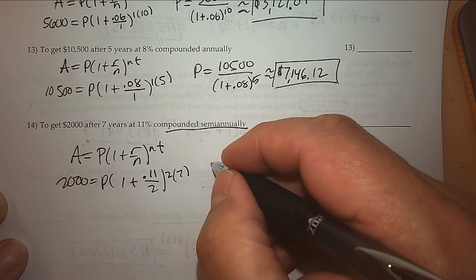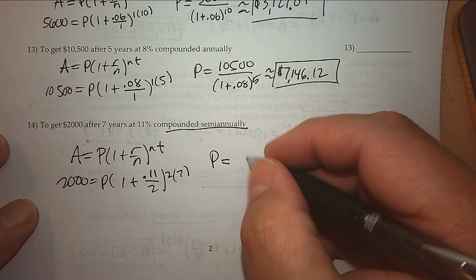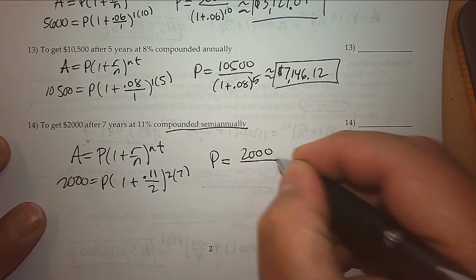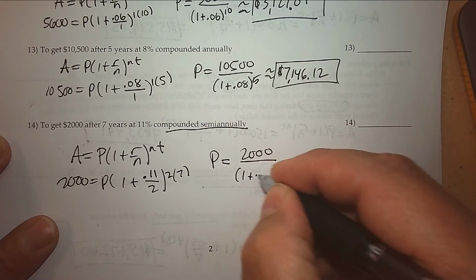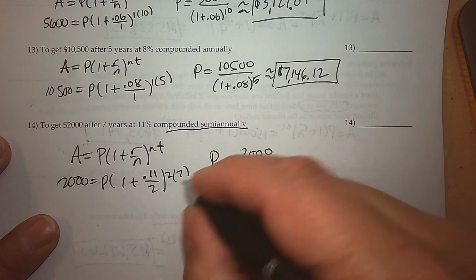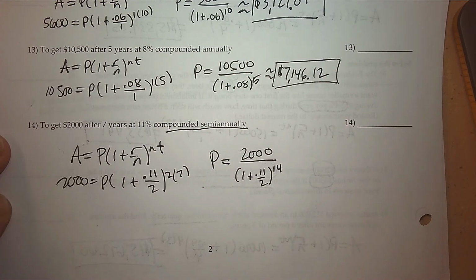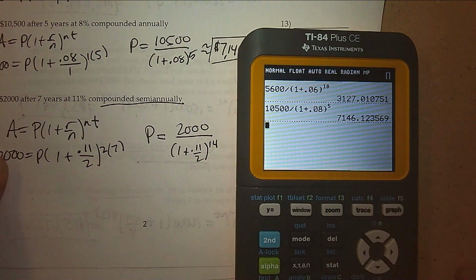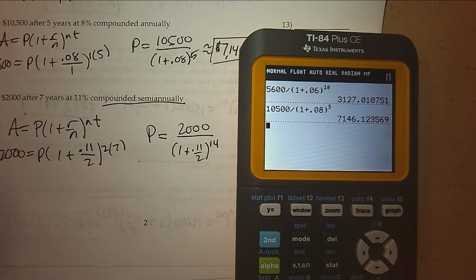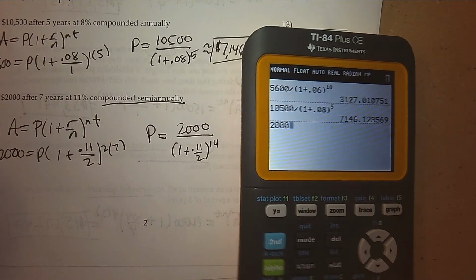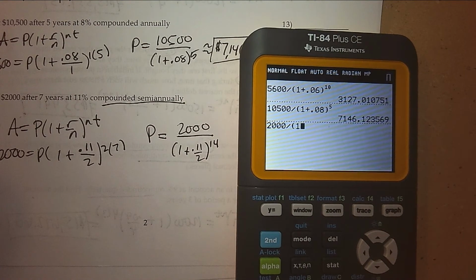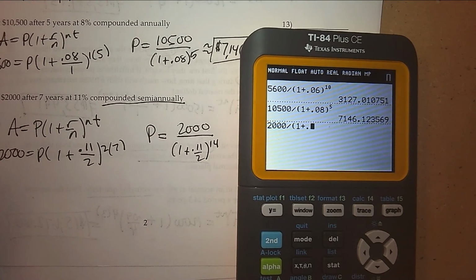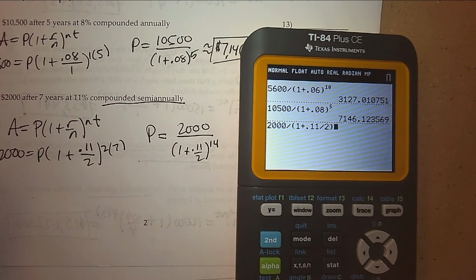So to get P by itself, I'm going to divide. So it's 2,000 divided by 1 plus 0.11 divided by 2. 2 times 7 is 14, so I'm just going to do that, make it a little bit easier on the calculator. So 2,000 divided by 1 plus 0.11 divided by 2 to the exponent 14.